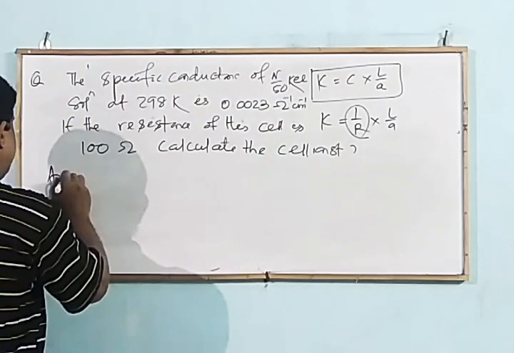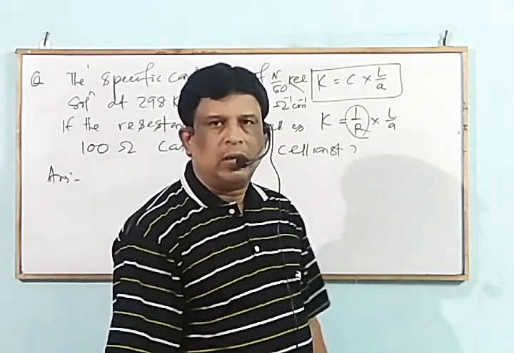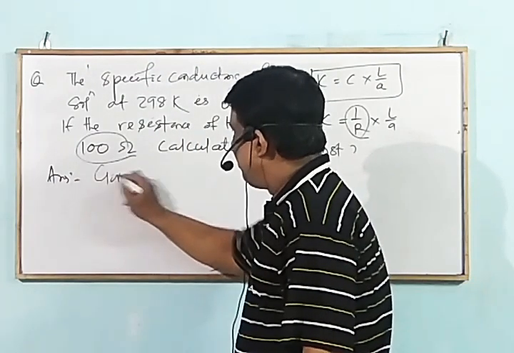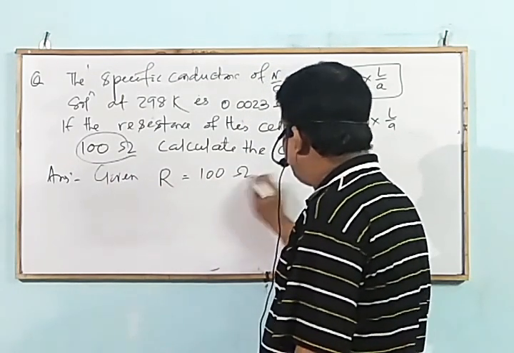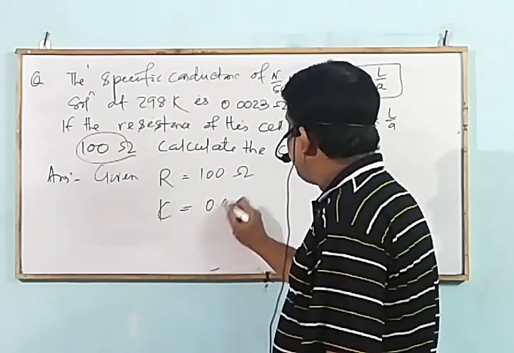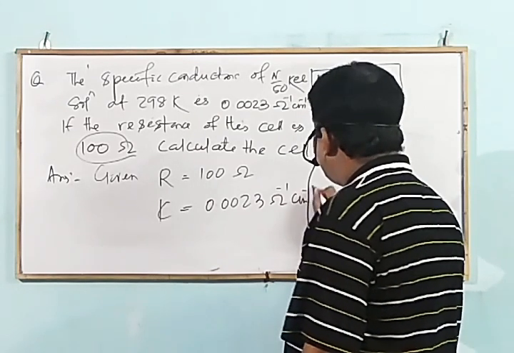Answer. Mark that. What are the data given? Resistance R is given, that is 100 ohm. Next, specific conductance kappa is given, 0.0023 ohm inverse centimeter inverse.